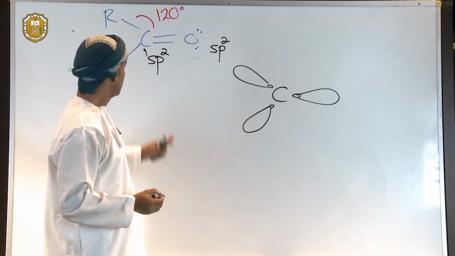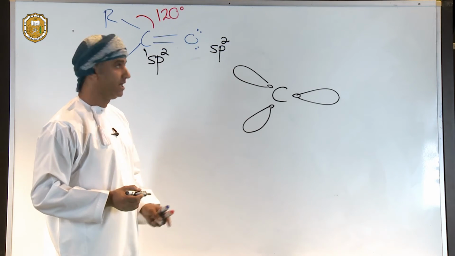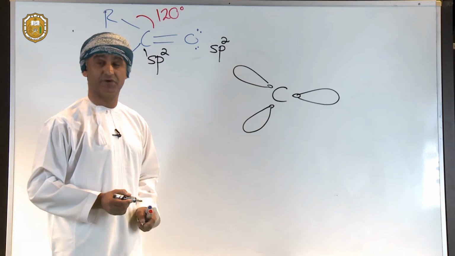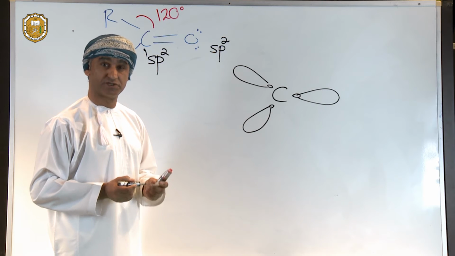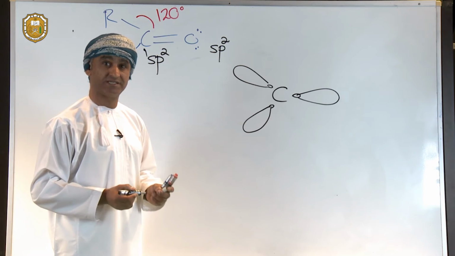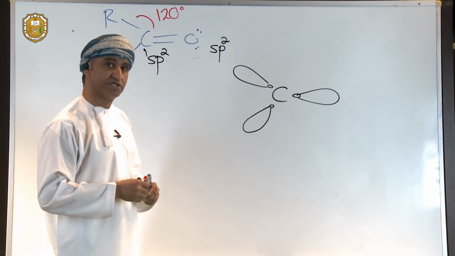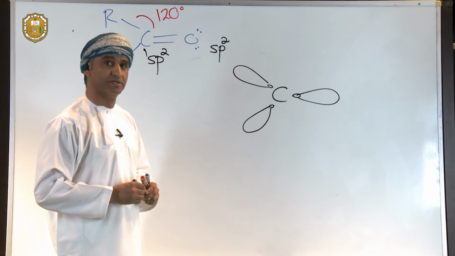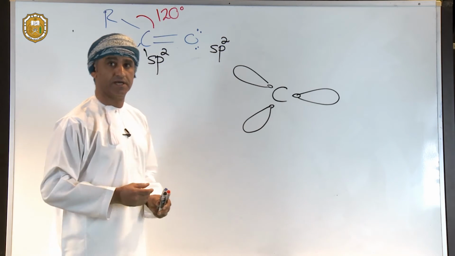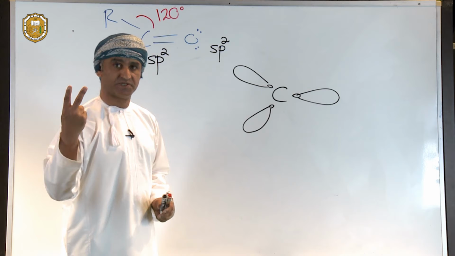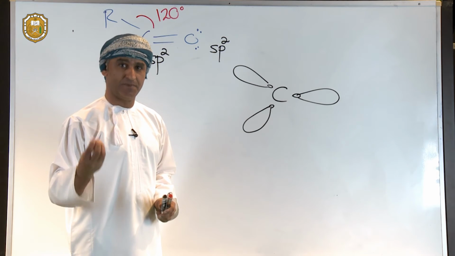Well, carbon is bonded to oxygen, and the hybridization type of oxygen is also sp2. So there should be 3 sp2 hybrid orbitals on oxygen. And oxygen must bond with carbon. And this double bond comprises 2 types of bonds, a sigma bond and a pi bond.